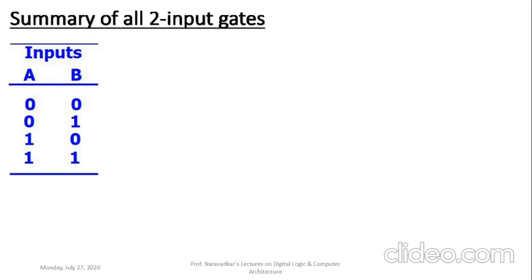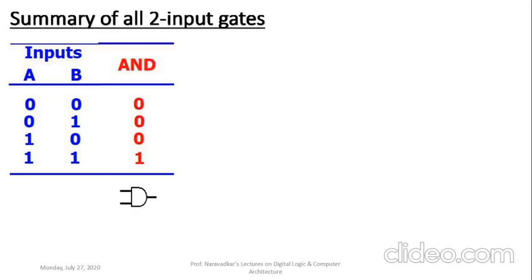The first row is 0, 0. Second is 0, 1. Third row is 1, 0. And fourth row is 1, 1. So these are all possible input combinations here for which I want to develop the truth table for various gates hereafter on the right side in a gradual manner.